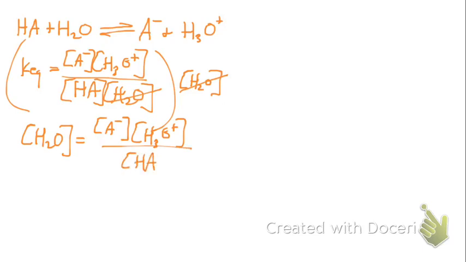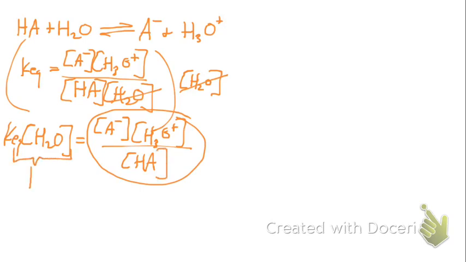So now we have Keq times the concentration. We know that this is Kw, but we can also know that, because it is a constant, and since this equation, A minus times H3O plus over HA, is very similar to Ka.